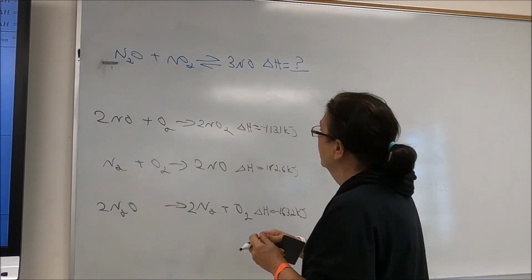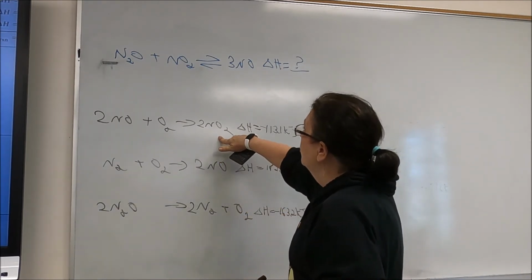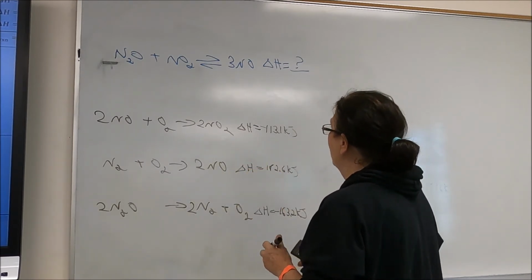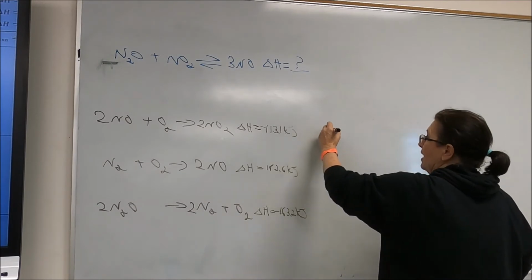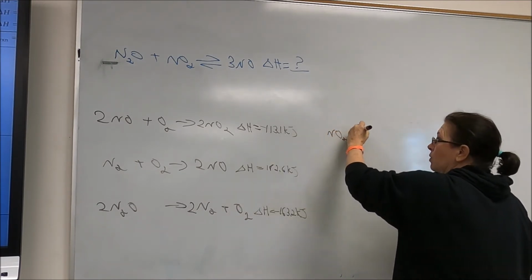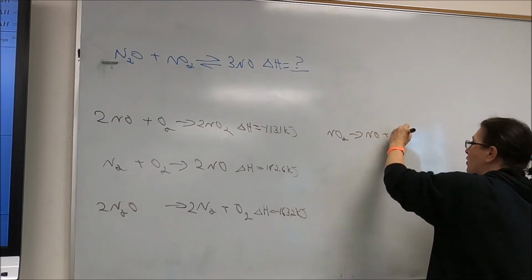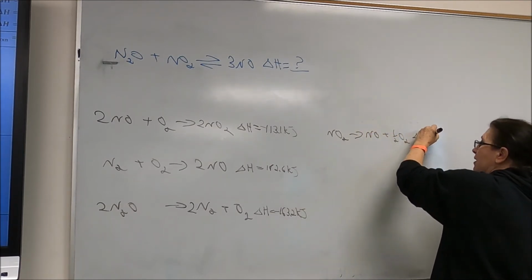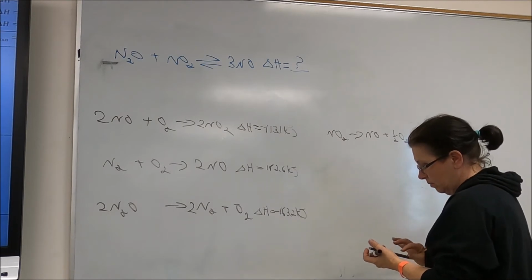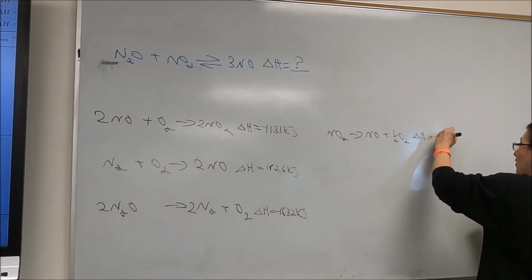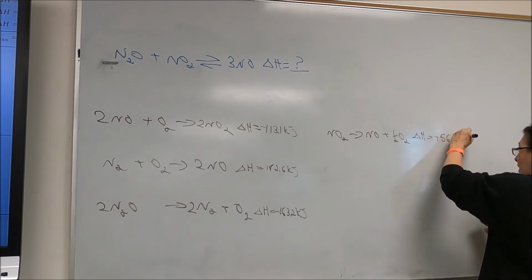Now, in the first one, I need to reverse the reaction and I need to divide by 2. So I get NO2 going to NO plus 1/2 an O2. Delta H here is going to be a plus 56.55 kilojoules.